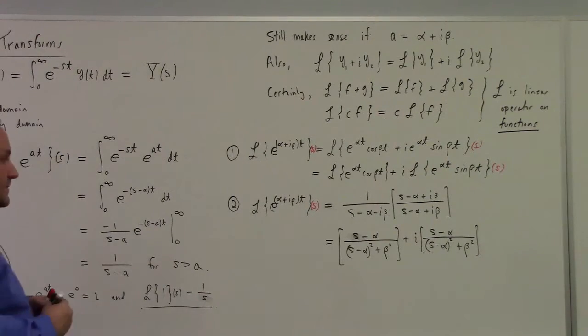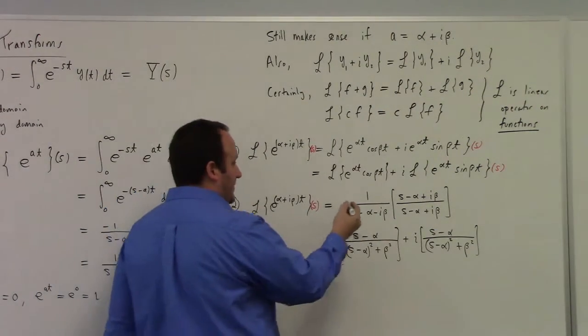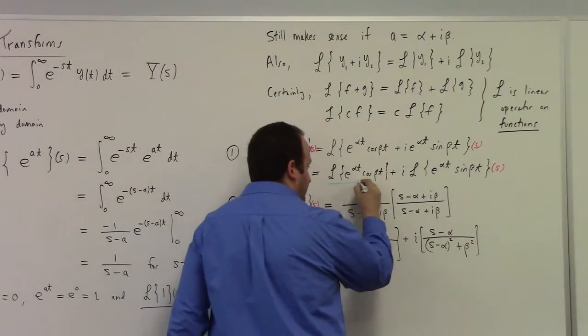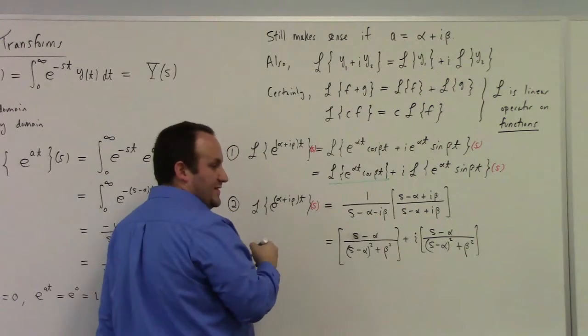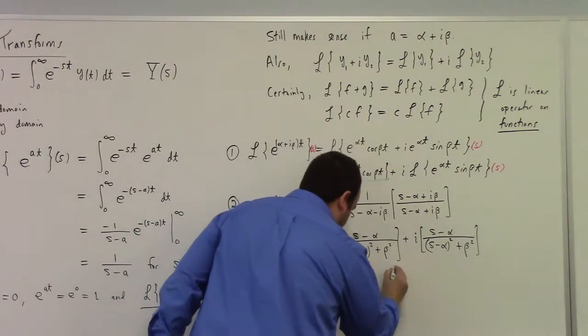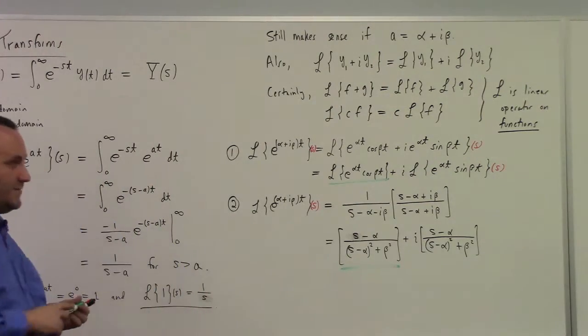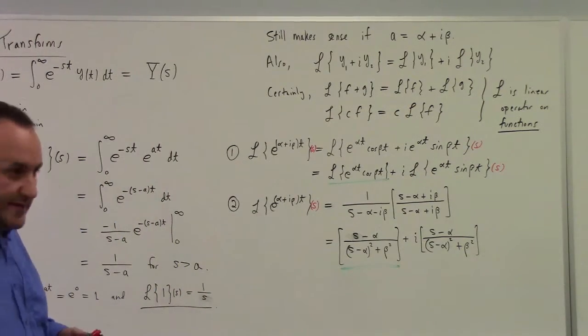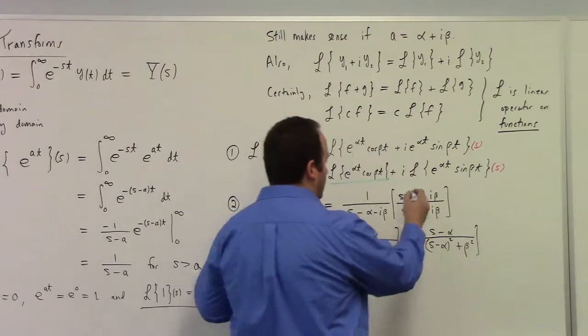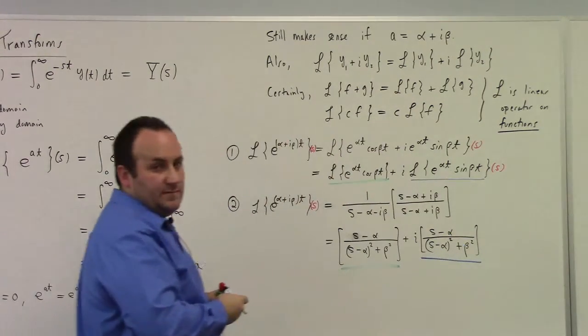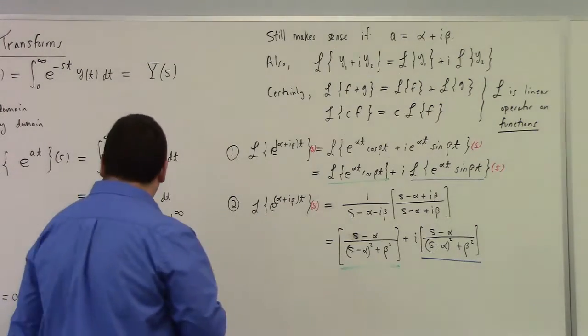And you can compare. So the real part of 1 has to be equal to the real part of 2, which gives me the Laplace transform of the cosine times an exponential is this term. And we also get that the Laplace transform of an exponential times sine is this term right here. So there you go. We've got 2 more Laplace transforms.